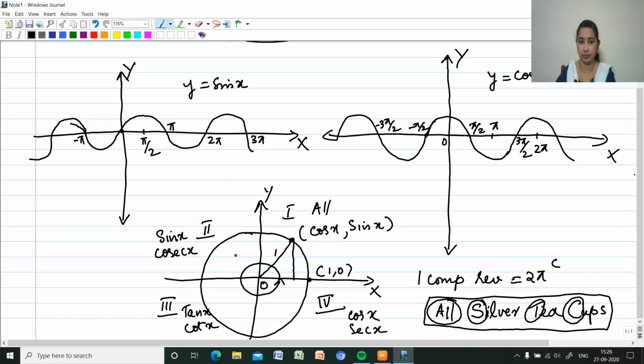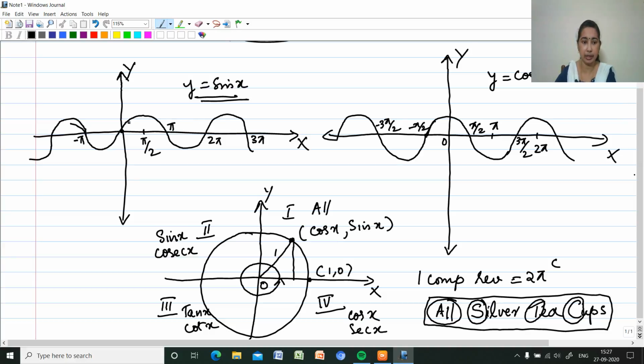Next we have to find out where sine and cosine become 0. First we'll take the graph of sin x.